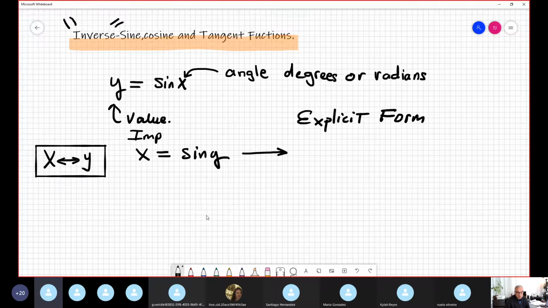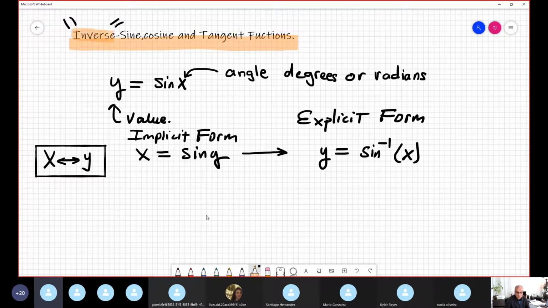Implicit is when the y is not isolated. However, in explicit form it is clear: y alone is the inverse function of sine. The representation is sine inverse, and this -1 is not an exponent. No. It's a symbolic way to indicate the inverse function, similar to what we do in college algebra, but this is specific for the trigonometric functions.